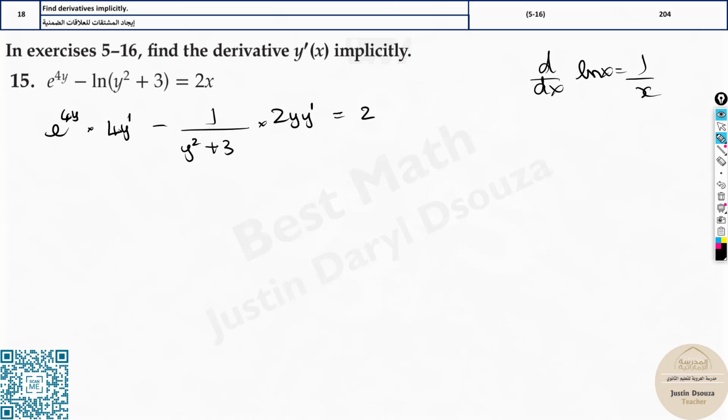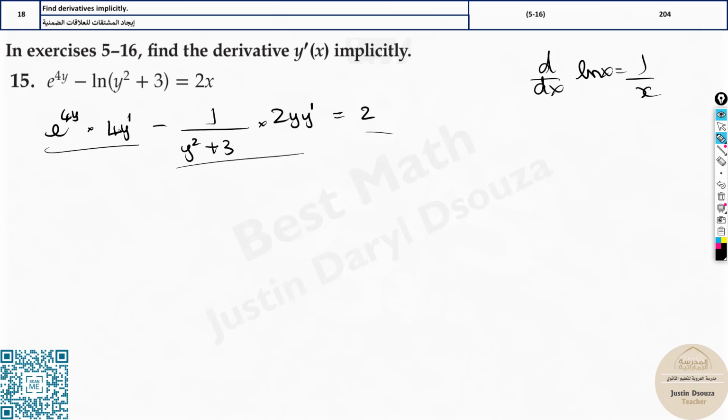Now how do we simplify? We got the y prime terms already. It's a pretty simple problem. Here you can just take y prime and take everything to the other side. It's fine, but can you see there's a denominator? It's not desirable to have the denominator, right? So let's rewrite these terms. Before we rewrite, this all plus and minus will divide each term.